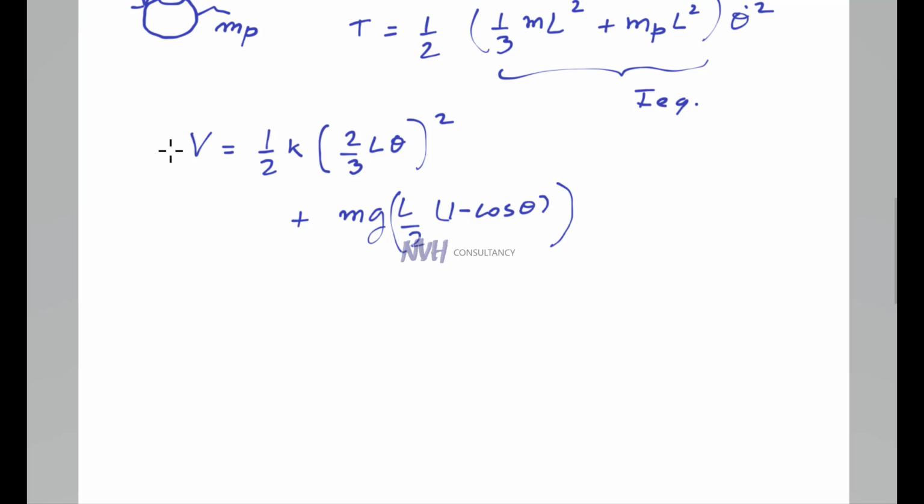Okay, so it's going to act at the center. The datum will be taken from the center of this rod, and then 1 minus cosine theta is the angle that it makes, plus mp g L times 1 minus cosine theta.